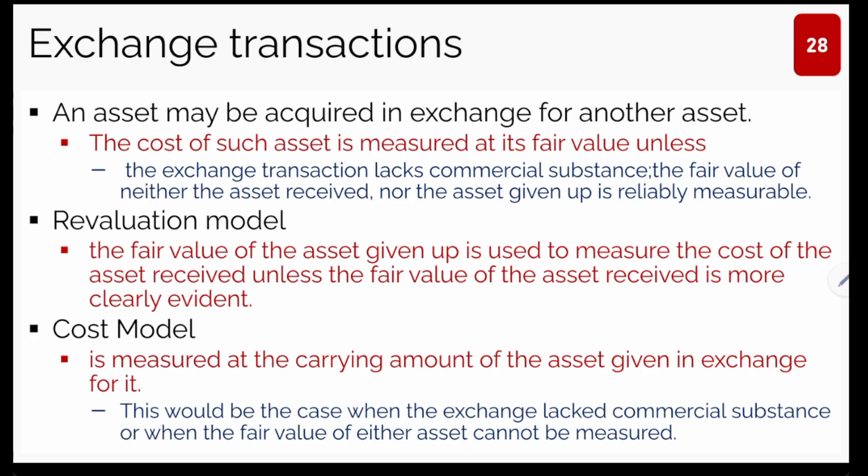For this new 2024 car I received, the cost will be the fair value of the 2014 car, unless the fair value of the asset received is more clearly evident. However, if it's the cost model, you measure at the carrying amount of the asset given in exchange for it. So it's still the asset that was given up that we're going to be using as our basis of measurement.